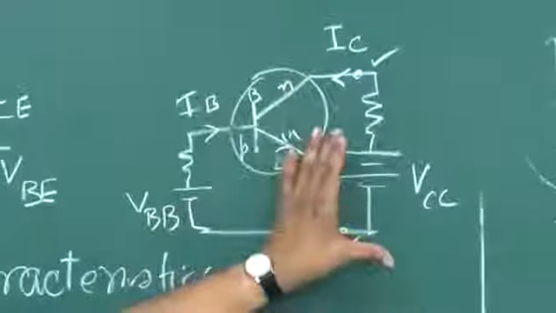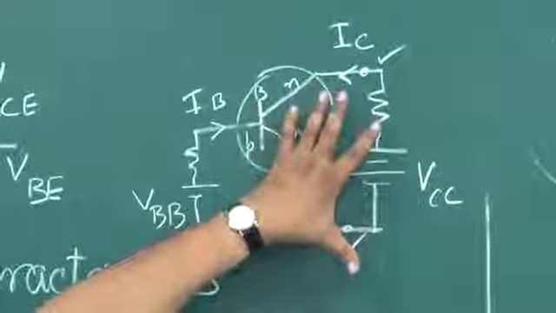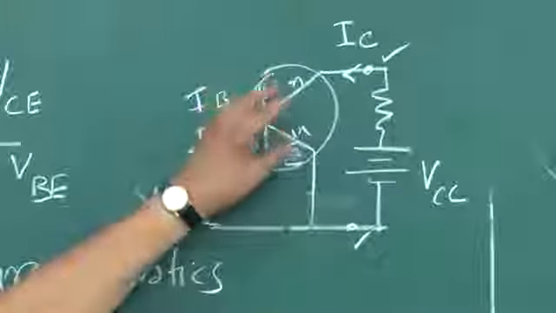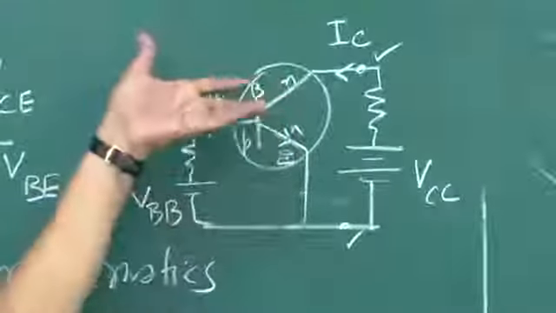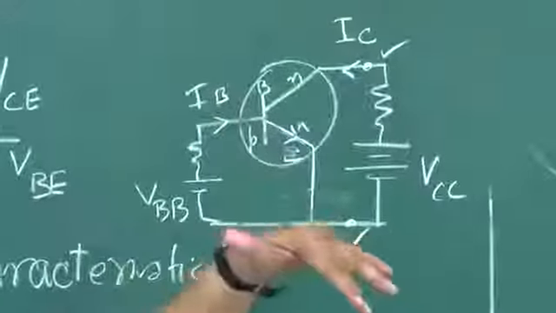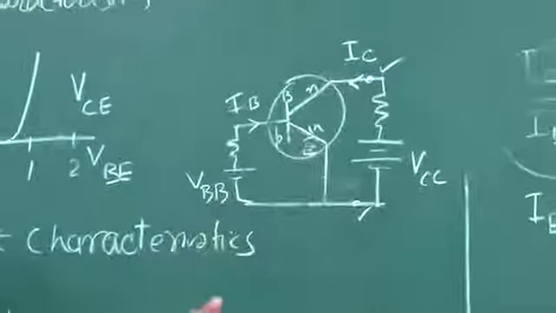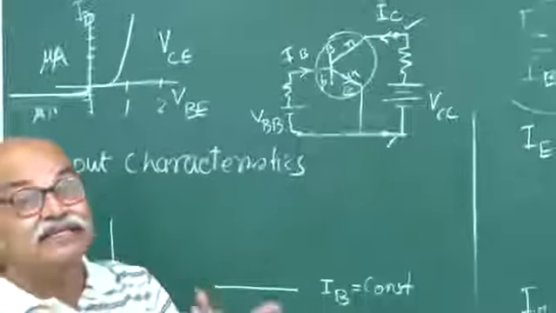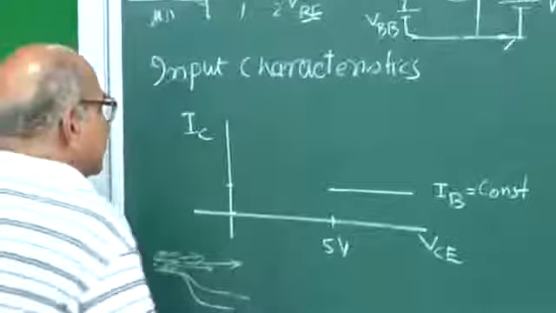If you slightly increase VCE, then the forward biasing will be reduced, and at some point, 1 volt, 0.2 volt, this will become 0, and after that it will become slightly reverse biased, and then the reverse bias will increase. So what do you expect?